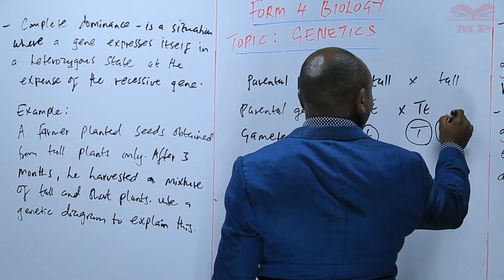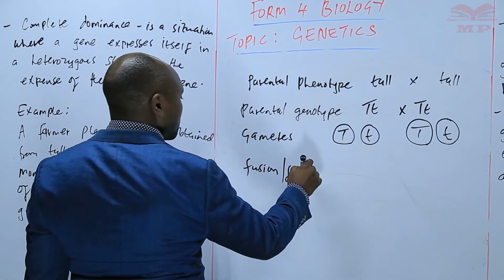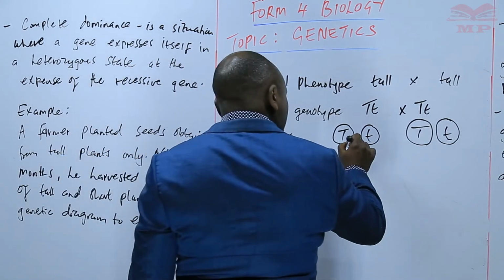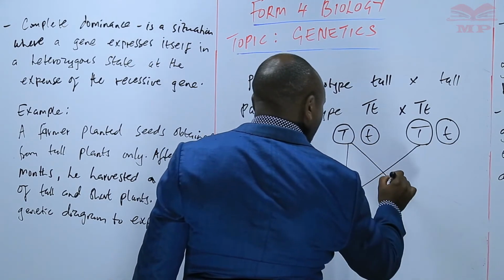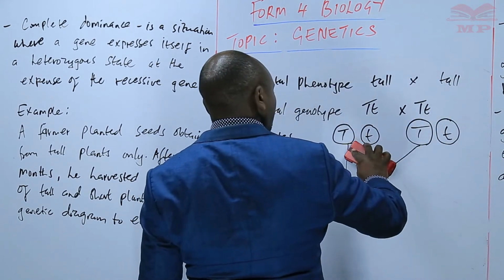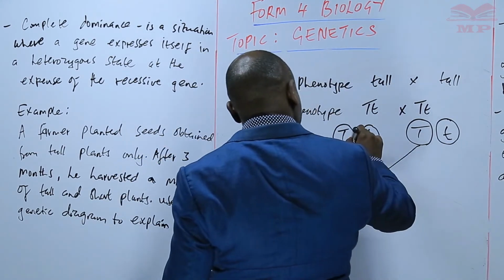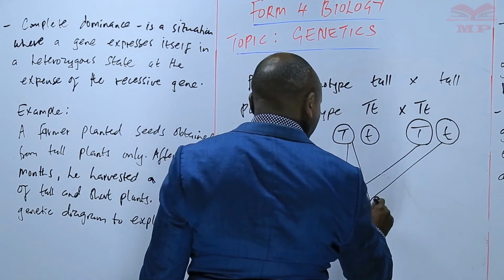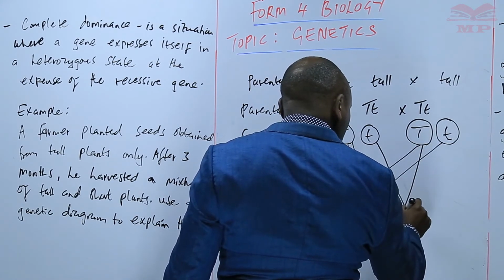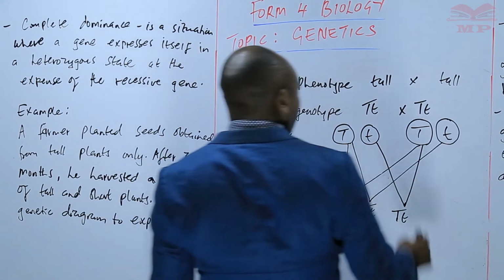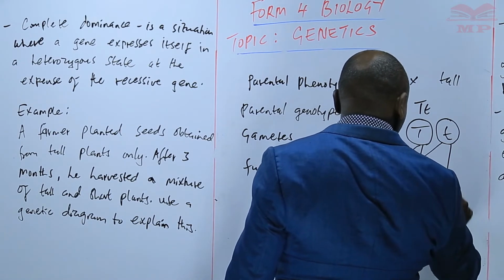We always make sure that we circle the gametes, and then we do fusion, or fertilization, whereby the first gamete takes the first one on the other side, then the first one takes the second of the other one, then we have a capital, small, and then finally we have small, small.